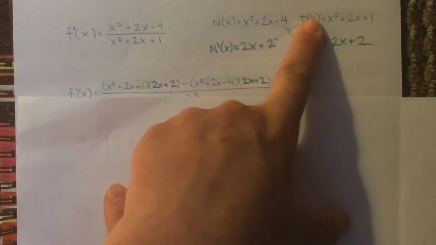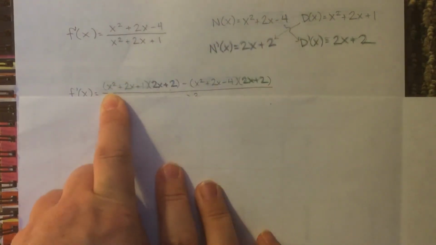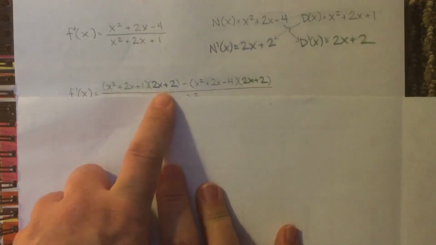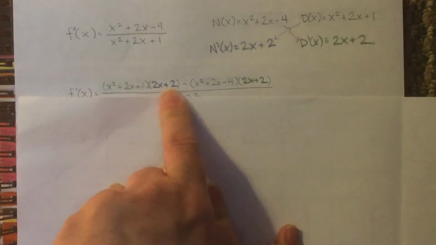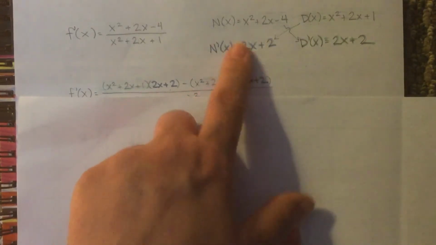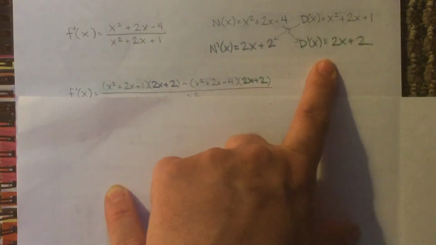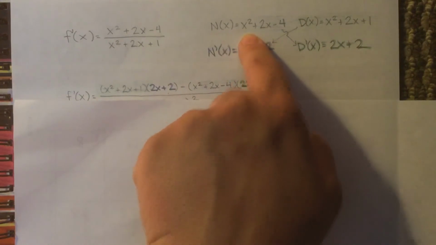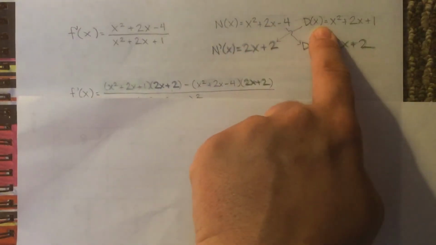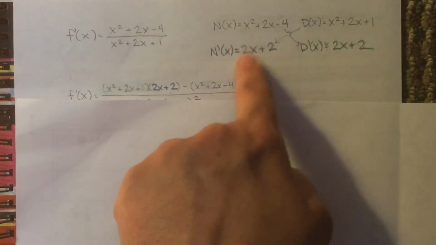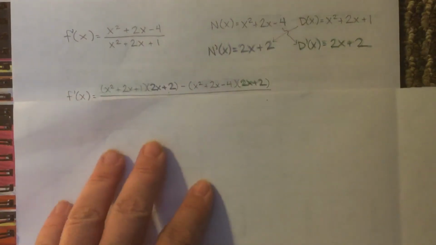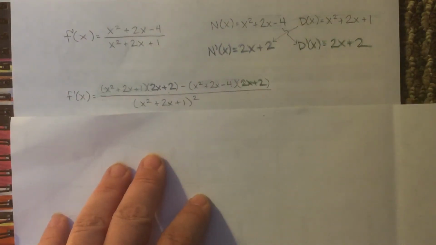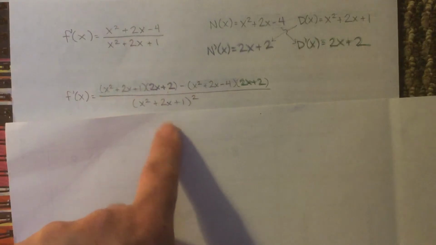So I've got my denominator function times the derivative of my numerator function minus my numerator function times the derivative of my denominator function. I don't know if you can see that very well. This is supposed to be blue and green, and then the derivatives are outlined blue and green. And then for the quotient rule, my original denominator gets squared.